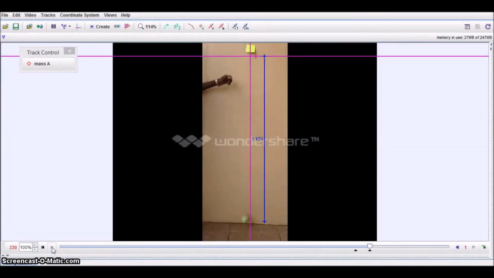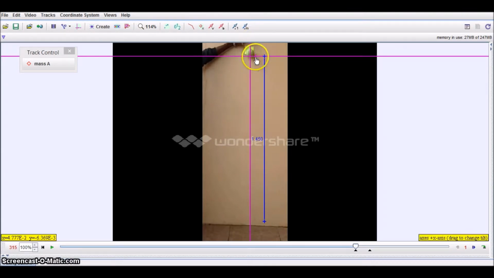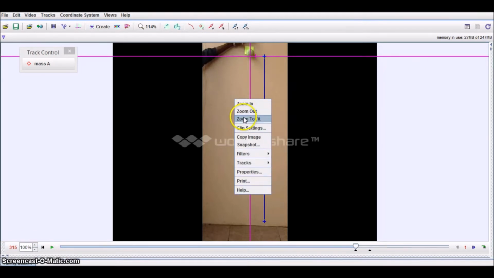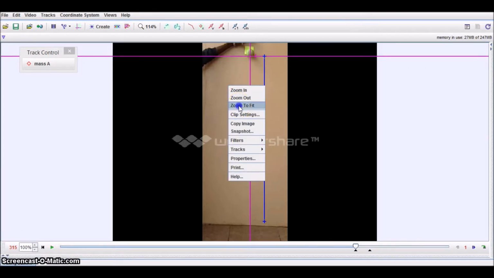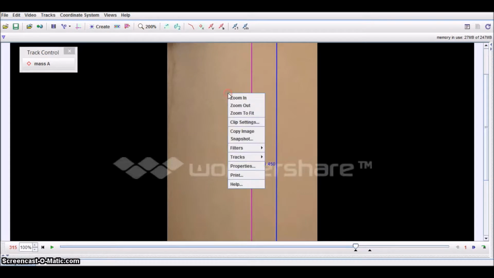So basically this here is an object free falling, the object being a wind ball. As you can see, I've already placed in the axes as well as the scale. The object fell through a distance of 1.45 meters. And just to give you an idea how I use Tracker, I followed these steps.